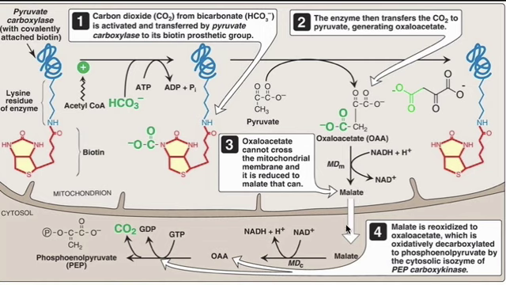But malate then is exported from the mitochondria, where it can be converted right back to oxaloacetate. Why are they doing that? Because part of gluconeogenesis occurs in the mitochondrial matrix, and the rest of it occurs in the cytosol. Glycolysis occurs completely in the cytosol, citric acid cycle completely in the matrix, oxidative phosphorylation completely in the inner mitochondrial membrane.